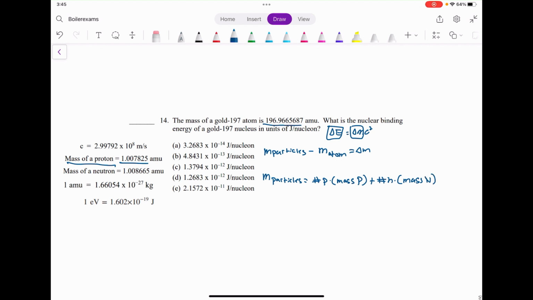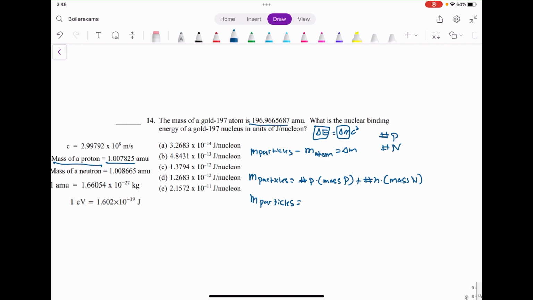You could also do the electrons, but electrons have insignificant mass compared to the nucleons. So I'm going to ignore them. Perhaps if we're off by 0.1%, that might be why. But I digress. Okay, so for this problem, we need to actually figure out how many protons and neutrons.